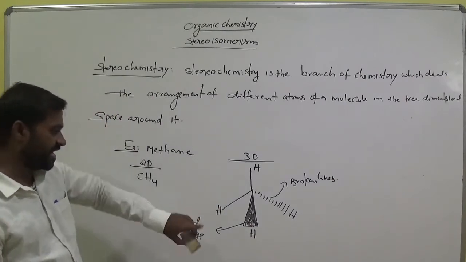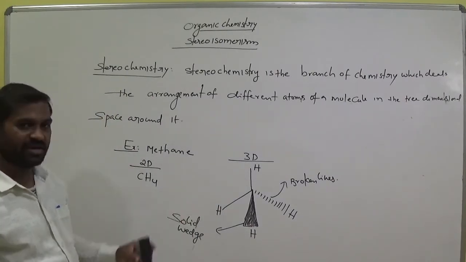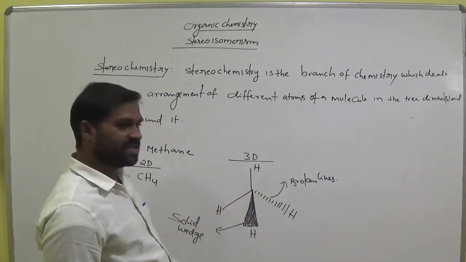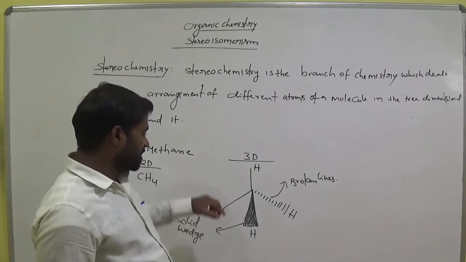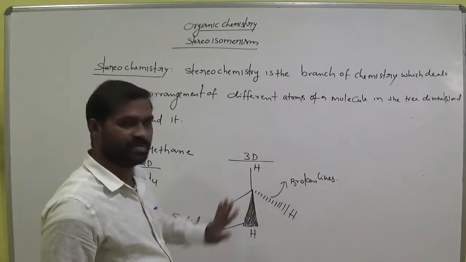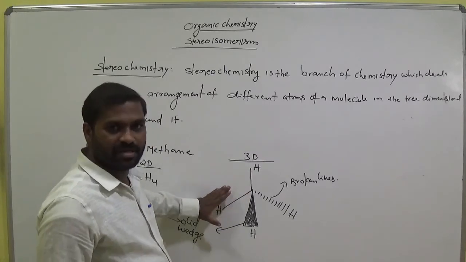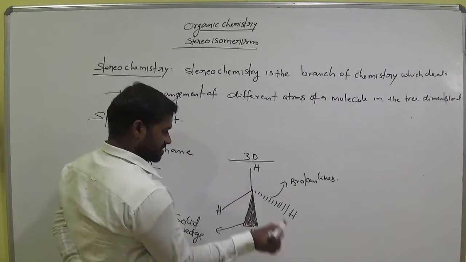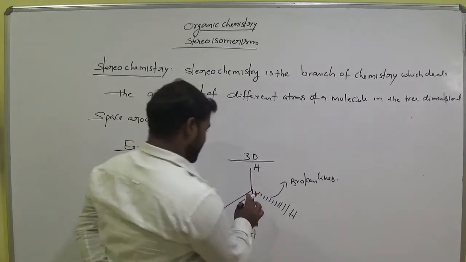This is the structure of three-dimensional analysis. Now what is the meaning of this three-dimensional representation? This is the center atom, carbon. This hydrogen is on the board, this hydrogen is on the board, this is also on the board. This hydrogen is towards me like this.